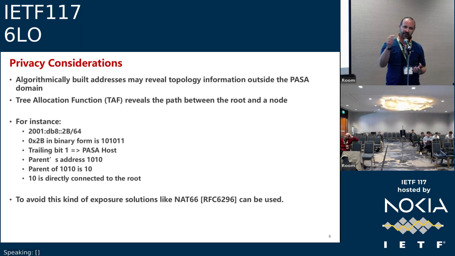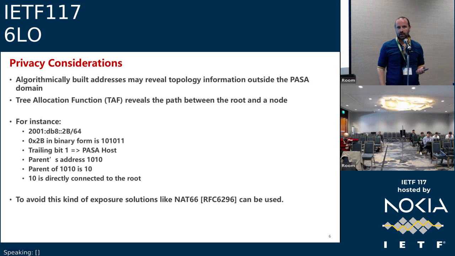The other 0 in the same address tells you who is the parent of this node, which is simply 10, which is then directly connected to the root, because in this allocation function, the root has address 1, the compressed address, obviously. So by scanning the network, you can understand that there is the root 1, a first router 10, a second router 1010, and then a 6LO node, a host with address 101011.